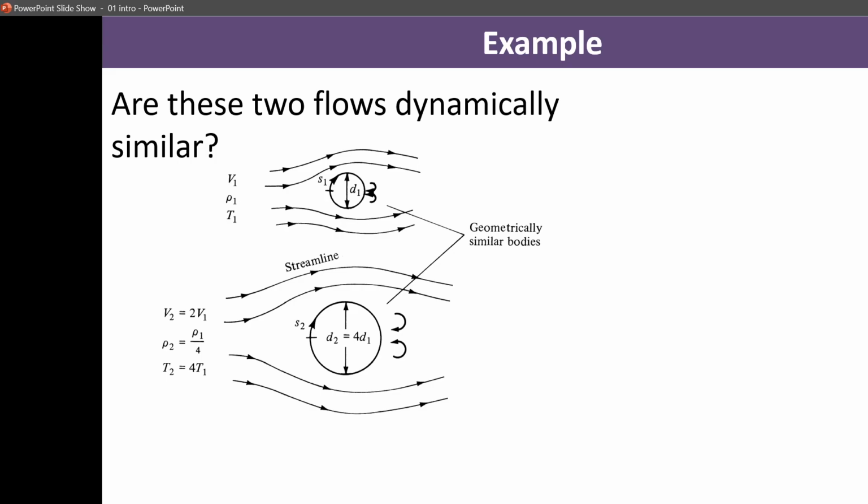At one condition, we have flow with V1, rho 1, and T1 for velocity, density, and temperature, flowing over this sphere with a diameter D1 and a surface area S1.